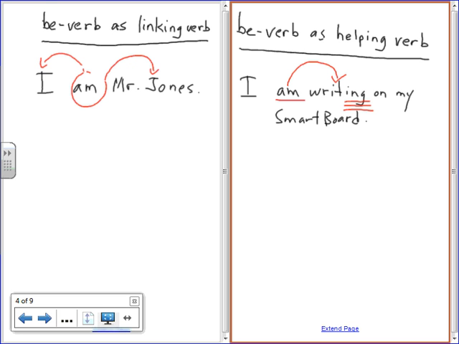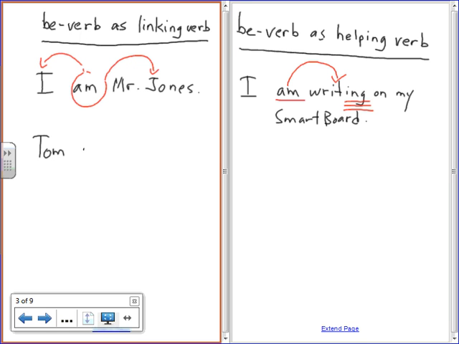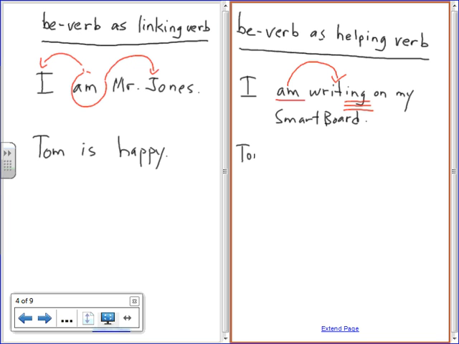And that's the best way to figure out whether the be verb is functioning as a linking verb or as a helping verb. Is it going along with an ing word? All right? Just a couple more examples. Tom is happy versus Tom is eating ice cream.